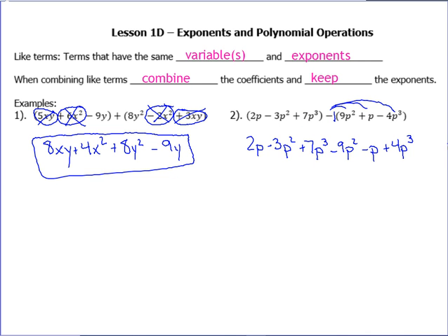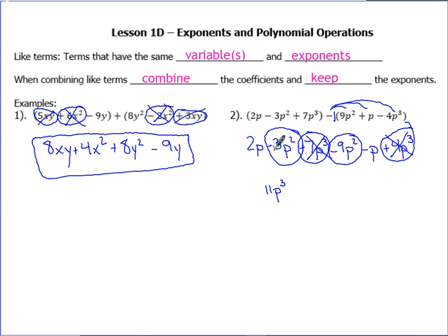And now I'm going to start with the biggest exponent and work my way down. So the biggest exponent is p to the third. So any term that has a p to the third, I'm going to circle and combine. So 7 plus 4 would be 11p to the third. And then those are done. Then I have p squared.